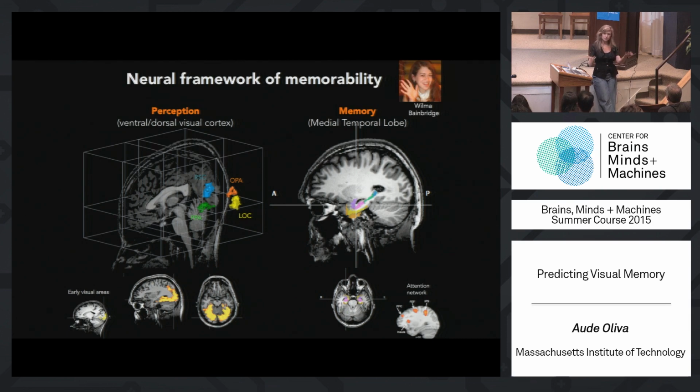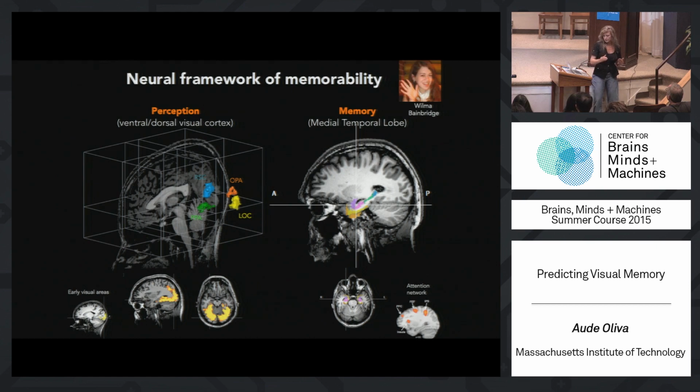Because in all our experiments, the images are shown for a short time, and then when they are repeated, you see them a second time. But basically, all the action is at the perception level. Whenever you perceive this image for half a second or one second, there is something going on at the perception level that is going to bias whether this image is going to go into memory or not.